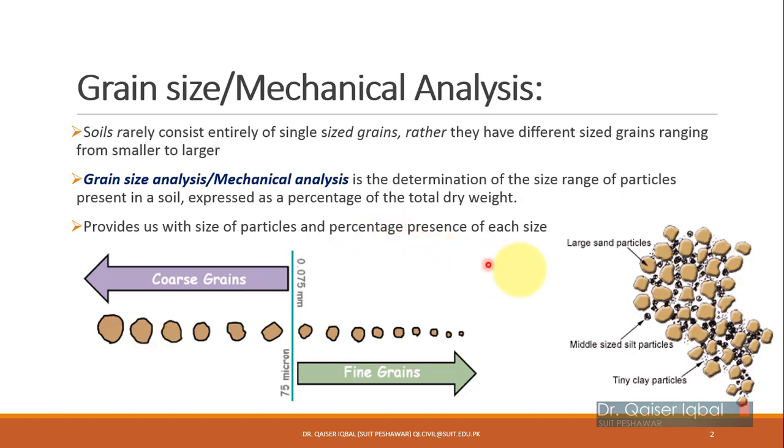The purpose is to let you know the composition of the soil and also the distribution of the particle sizes. Obviously, if the soil consists of large particles, this can be designated as a strong soil, but the fine grains are also important because of the presence of the fine grains, the soil will be in the densest state.